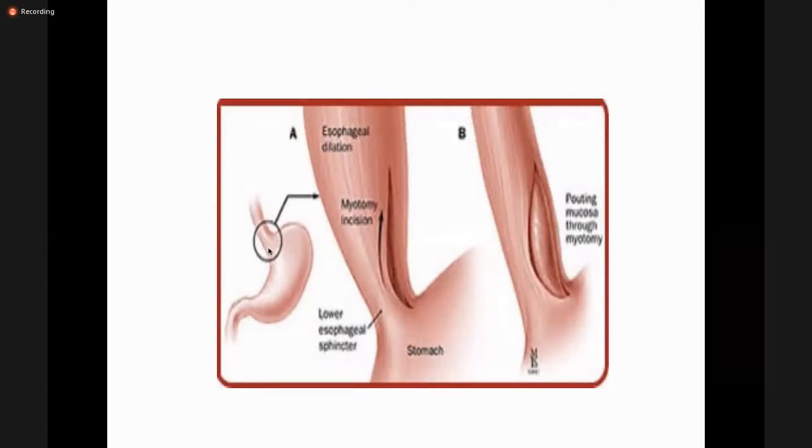So this is the area, the cardio-esophageal junction, and this is how it is cut, and this is how the mucosa pops up.